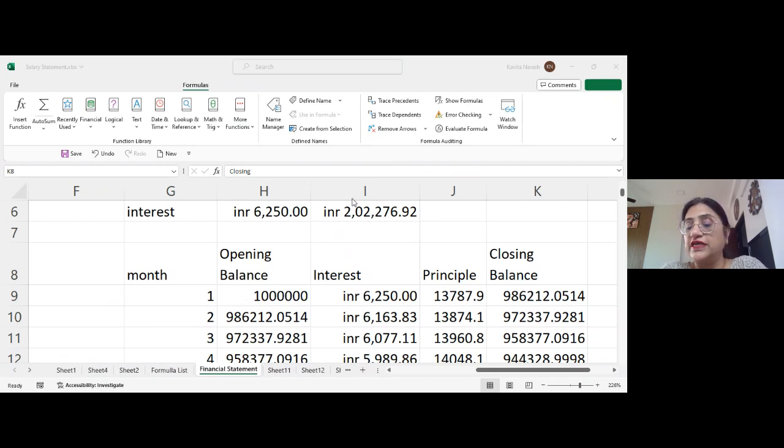There is one shortcut key to find the values or things, that is Control F. Control F is a shortcut key to find the values.